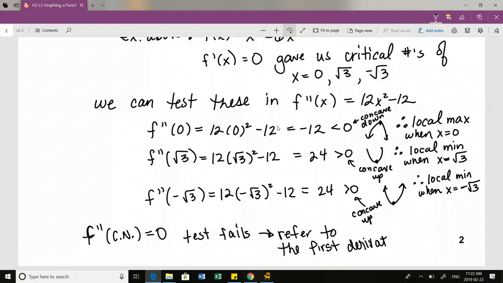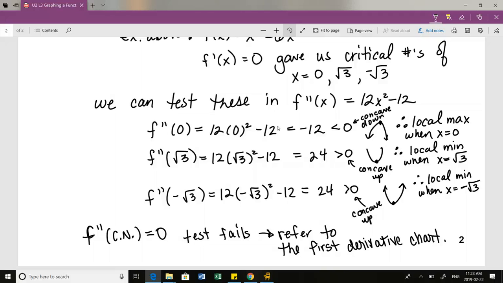And basically, sometimes this can be because you might have a point where the derivative is equal to 0, but we're not changing from increasing to decreasing, so that could happen.